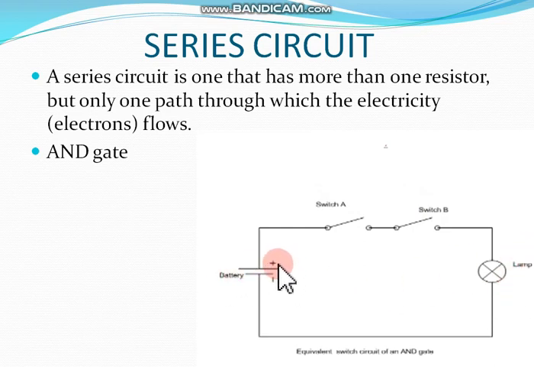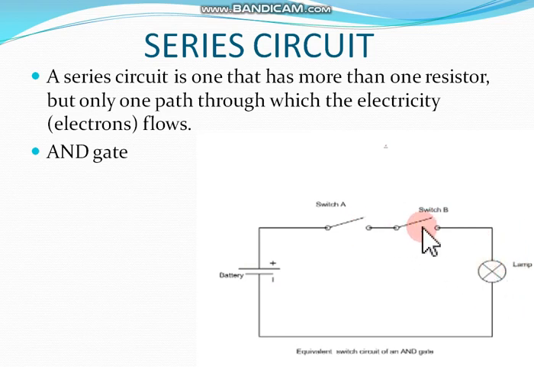Now, from the definition, a series only has one path through which electricity flows in order for this lamp to go on. So if this switch is closed and this switch here is closed, then electricity can pass through and light up the lamp or the bulb.